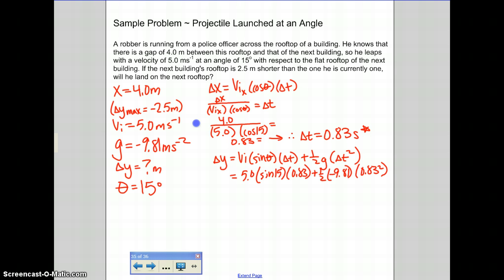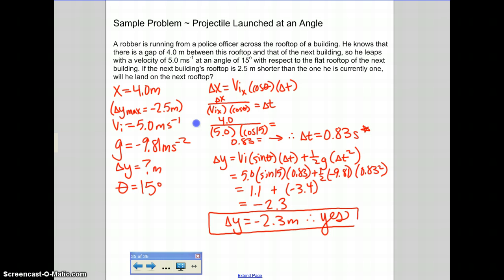Get your 0.5 times 9.81 times 0.83 squared answer. Doing so, this first half should give you a 1.1. Then the second half is going to give you a negative 3.4. So that's going to give you a negative 2.3, which means that this person falls down 2.3 meters. Therefore, yes, the robber is successful in making it onto the rooftop of the next building.